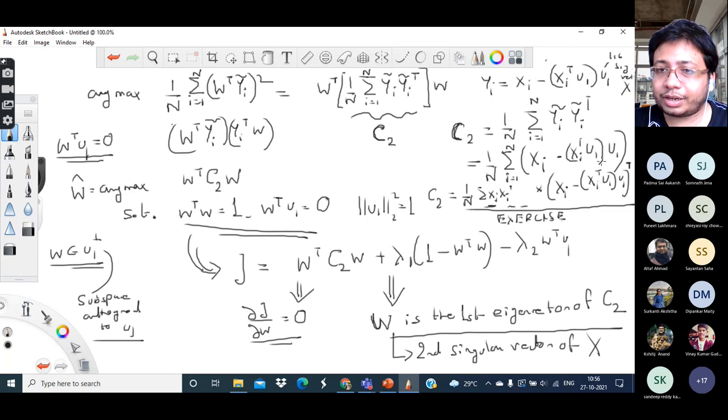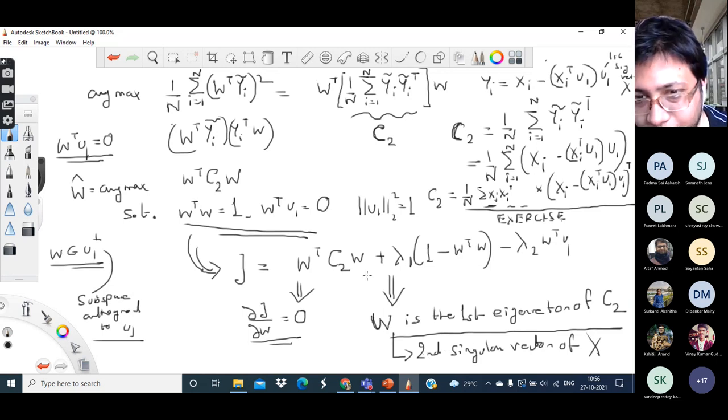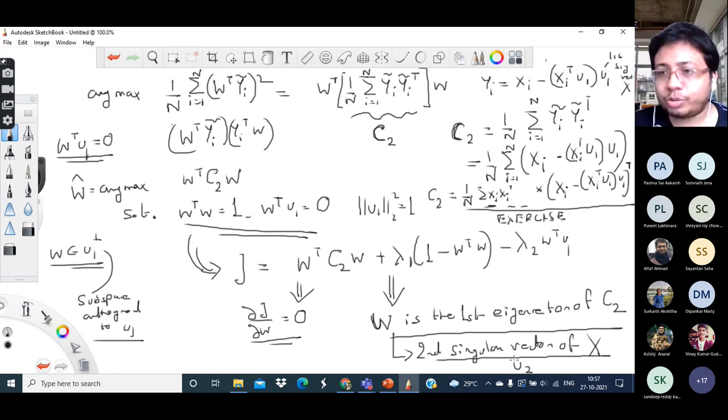So what was the first singular vector of x? That was u1. Now, once I take the residual and try to calculate the maximum variance of the residual, you will find that the w along which the residual has to be projected is nothing but u2, which is the second singular vector of x. Why it should be the second singular vector of x, I will leave for you as an exercise; you will understand once you simplify this.